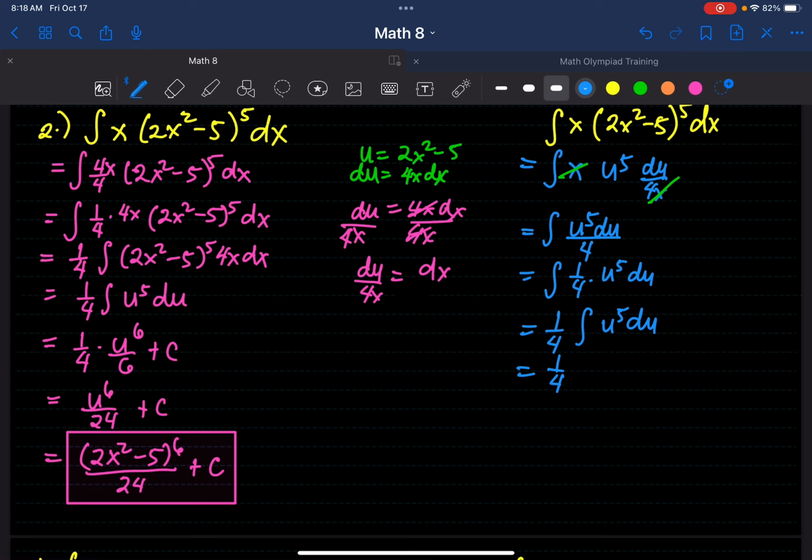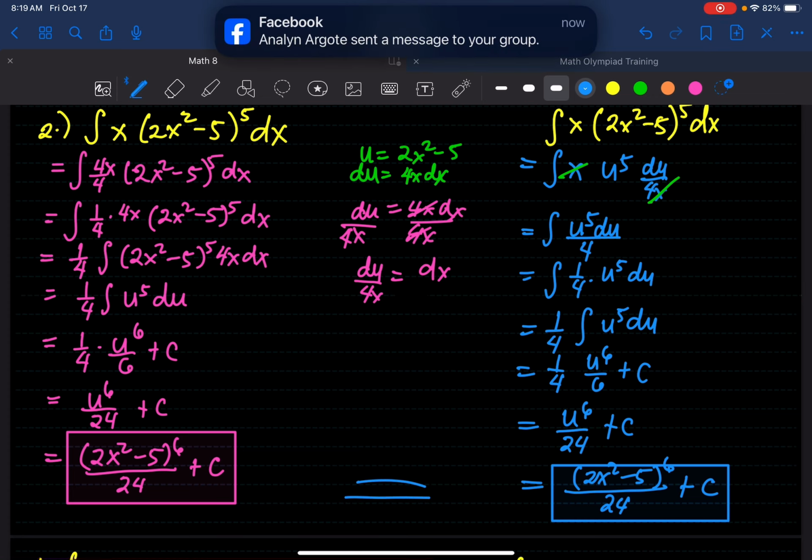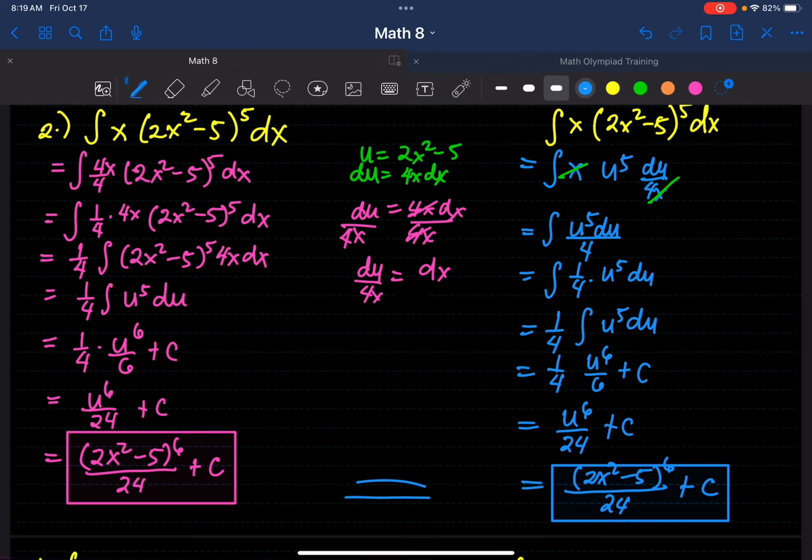Apply the power rule, that will become u raised to 6 over 6 plus c. Then this is u raised to 6 over 24 plus c. And the final answer is (2x squared minus 5) raised to 6 over 24 plus c. So the same answer. That's the way you find the integral of this function.